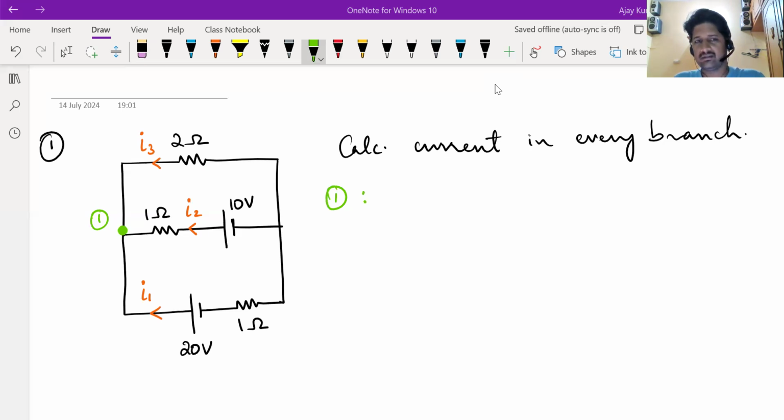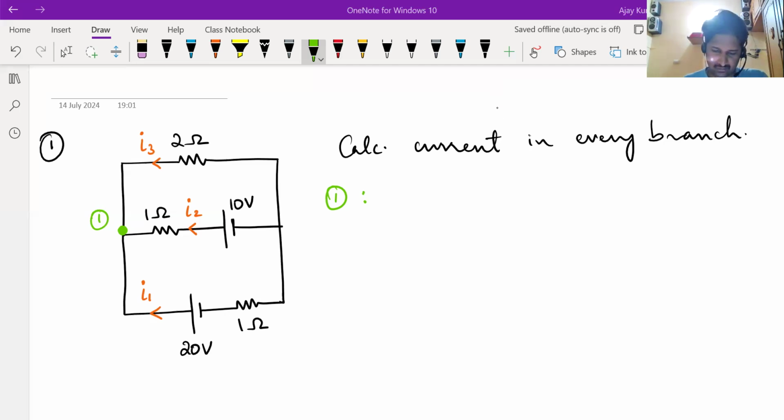It's not necessary that you should move in the same direction as every current. Your choice of clockwise or anti-clockwise is completely up to you. You don't even have to look at the currents. I'll go clockwise.